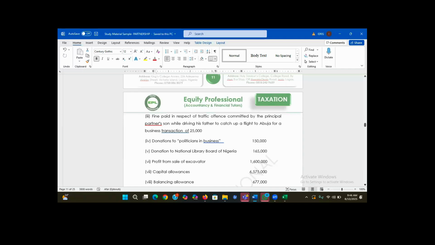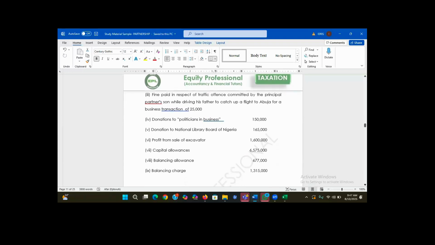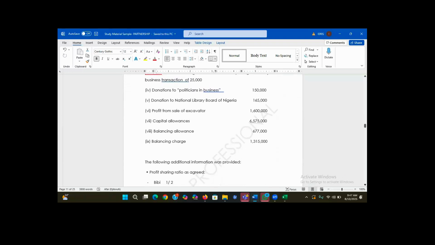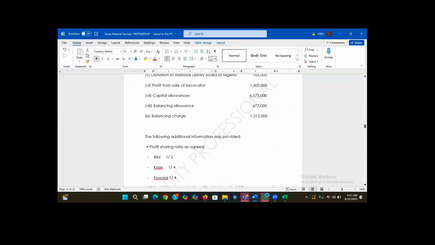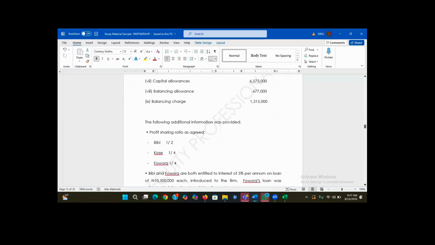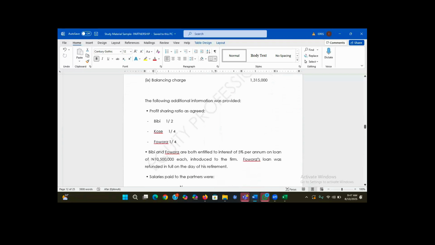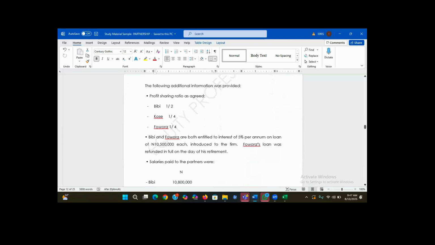Donations to politician in business 150,000. Donation to National Library Board of Nigeria 165,000. Profit from sale of excavator 1,600,000. Capital allowance 6,575,000. Balancing allowance 677,000. Balancing charge 1,350,000.